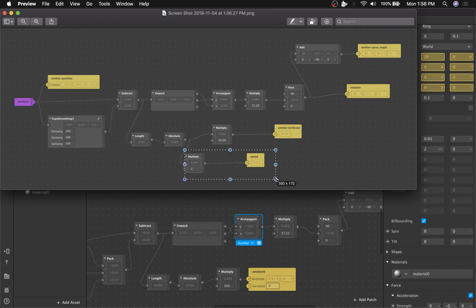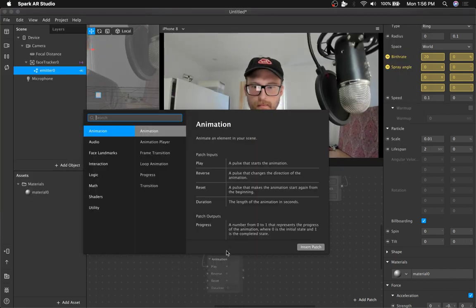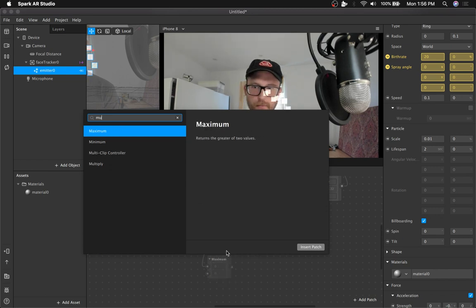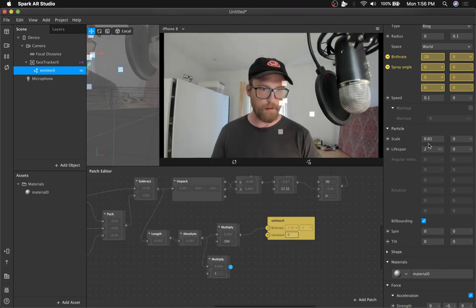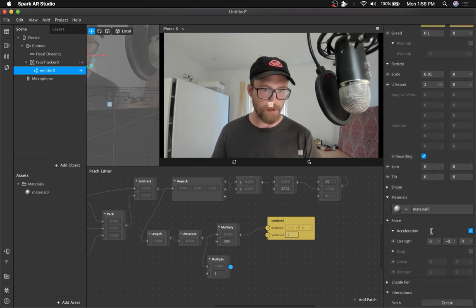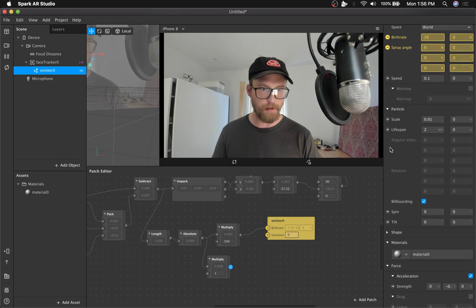Oh, we can do this real quick too, this speed. Pipe that into a different multiply, because we're going to need a very different value than birth rate. Where's speed? Speed.